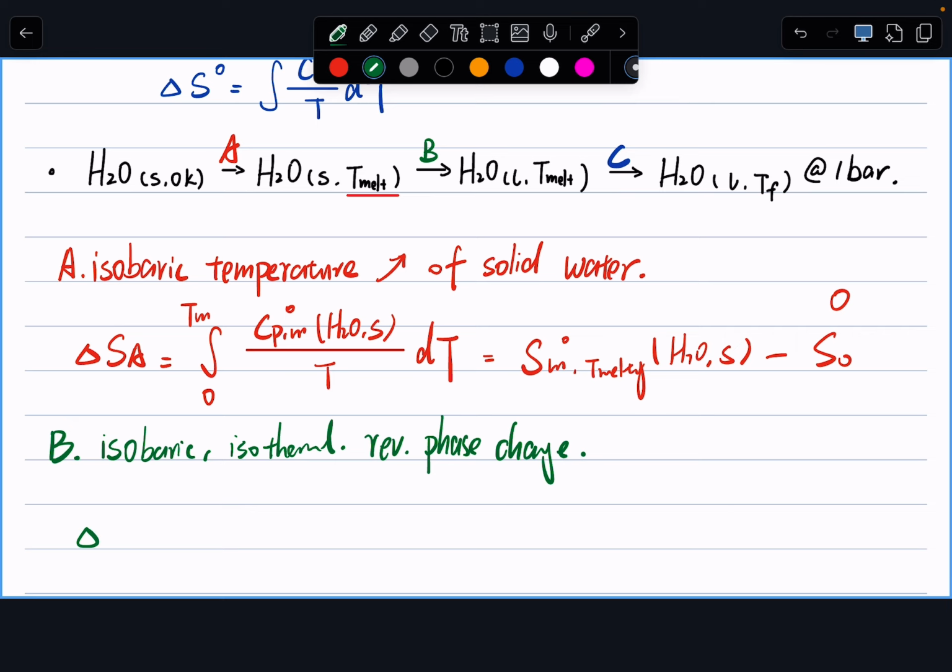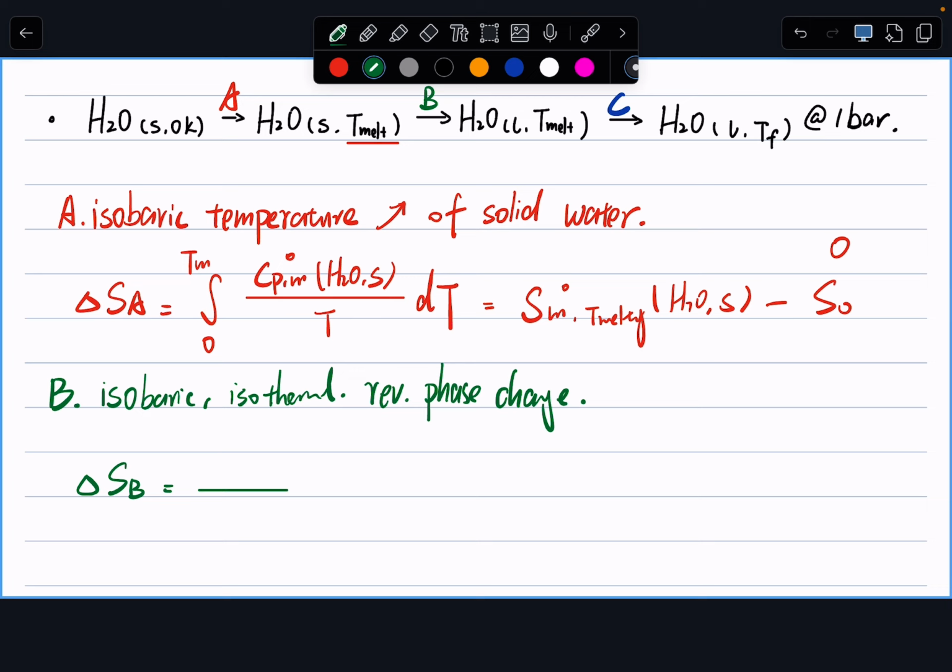My delta SB equals the delta H melting of H2O solid into liquid over the melting point. Also, process B is defined as product minus reactant.